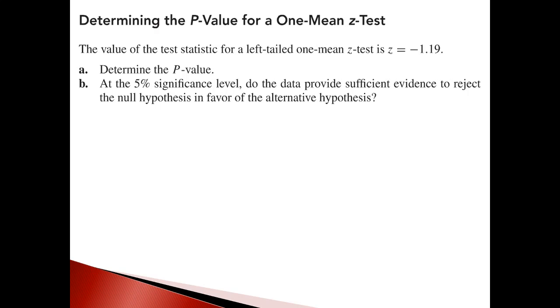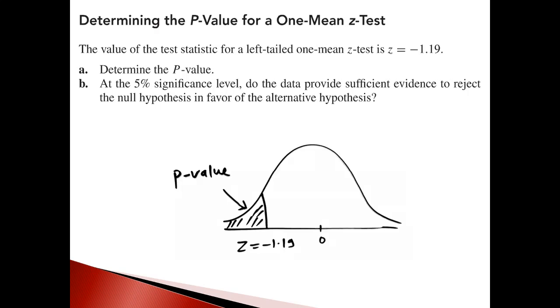Another example: determine the p-value for a one mean z-test. Here the z is given as negative 1.19. You need to find the p-value at the 5% significance level. Just like the previous example, find the p-value. This is a left tail test. So for negative 1.19, that's our critical value.